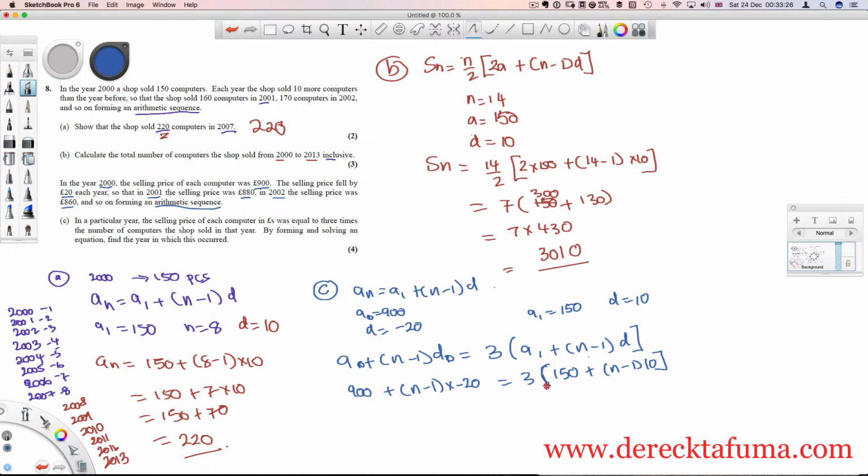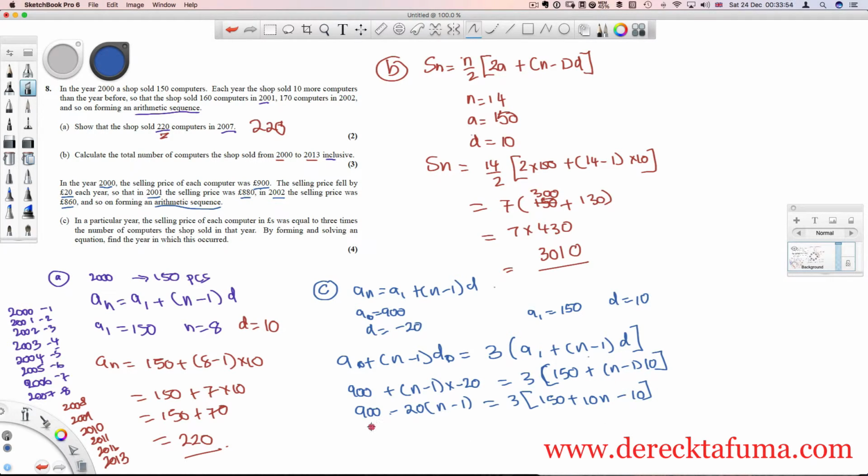Let's put a big bracket here. So 900 minus 20(n minus 1) is equal to 3 times (150 plus 10n minus 10).